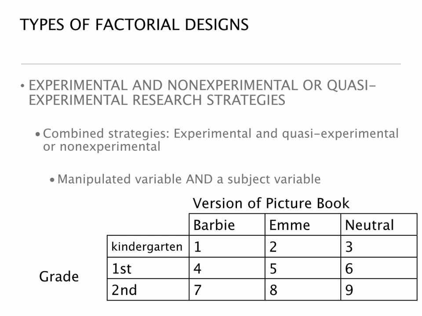An example of this is our picture book example that we've been talking about. This is a factorial design that combined both experimental conditions and non-experimental conditions, because we have this subject variable. So again, we have a version of the picture book: Barbie, Emme, or neutral.